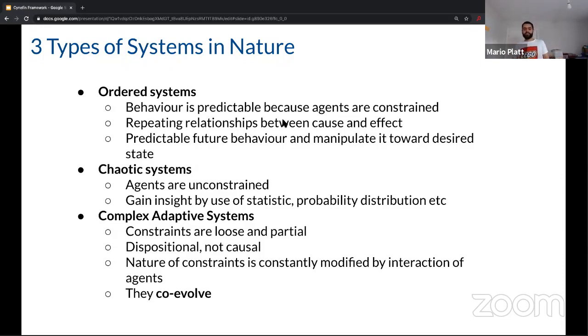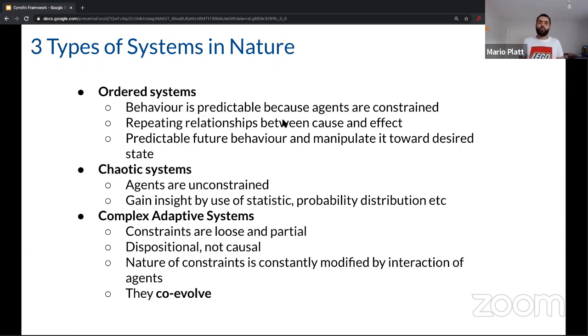So cybersecurity itself is a complex adaptive system. Organizations are complex adaptive systems. And what we tend to forget is that security, as safety, is an emergent property of a system and not a thing that we do or we implement or we buy technology for. That may be what we call it, but that's not what it is.